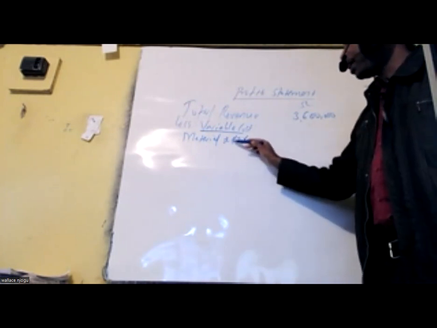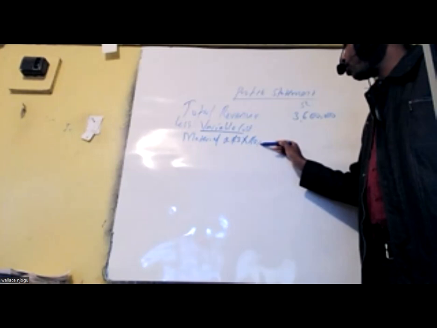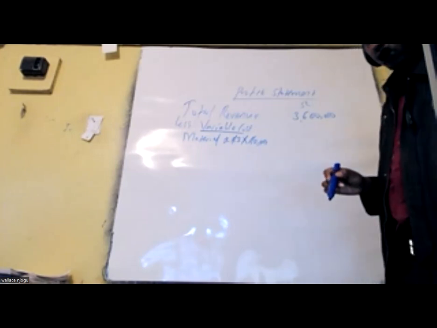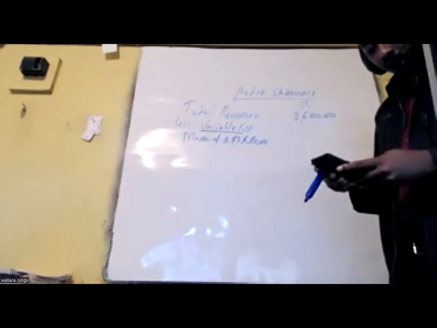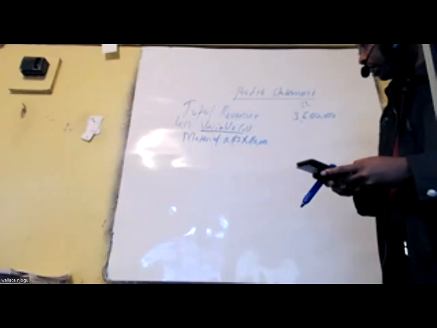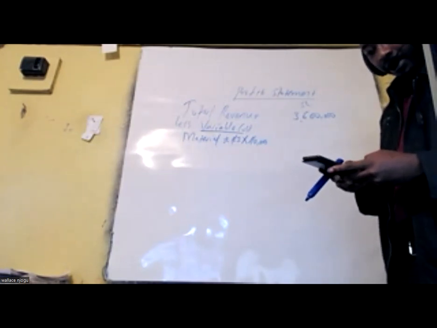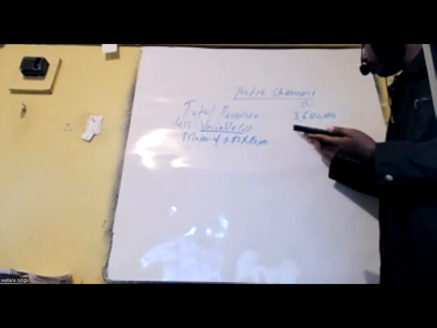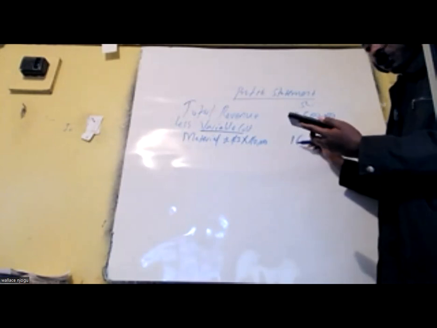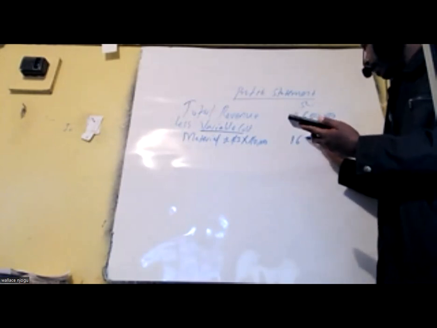Alafu, remember hii ni per unit. Na hapa tuko na 40,000. So hiyo itakuwa pesa ngapi? Take 42 times 40,000. You get shillings 1.68 million.